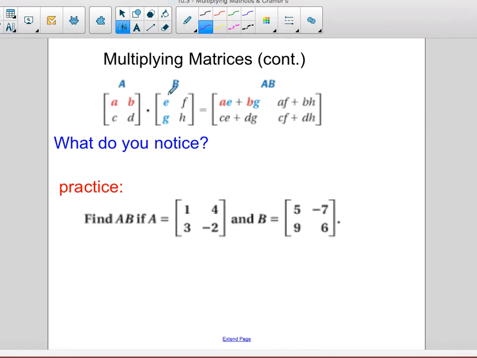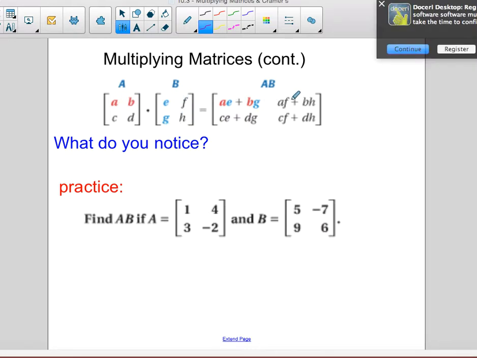So I'm going to multiply A times F plus B times H, and that's going to give me my upper right. My lower right is in the lower row and the right column. So this is where I do C times F plus D times H, and whatever I get for an answer goes here.